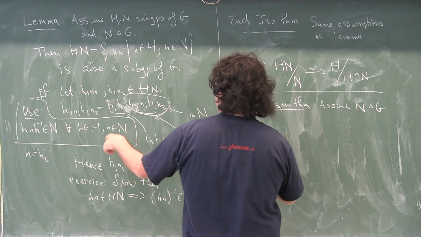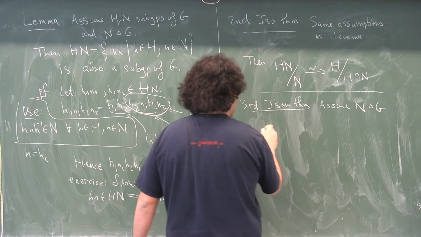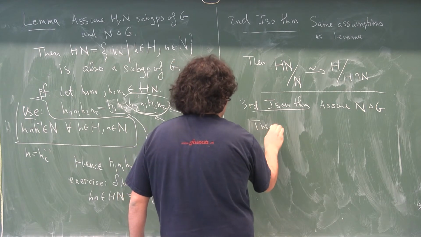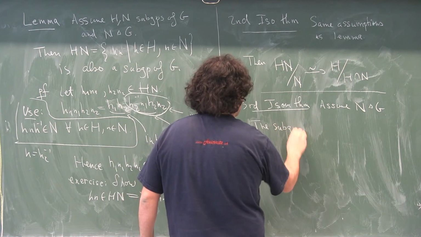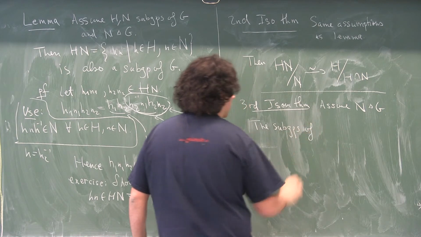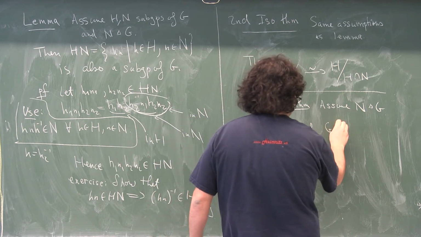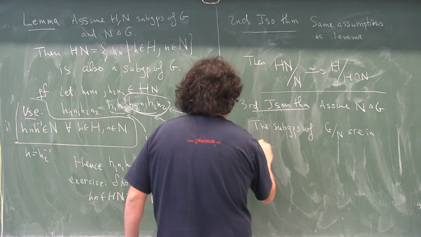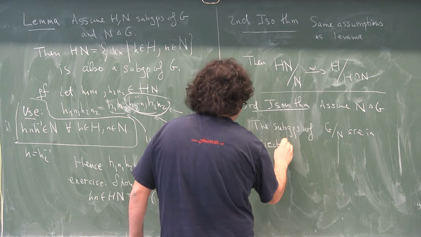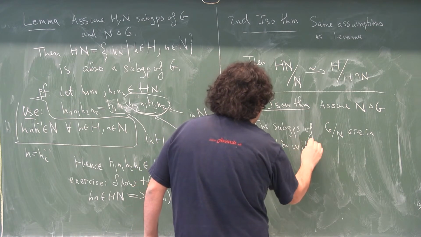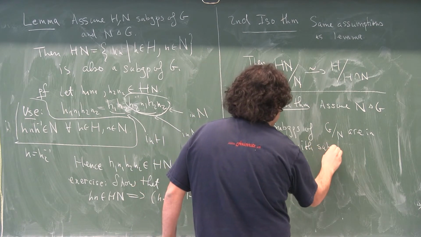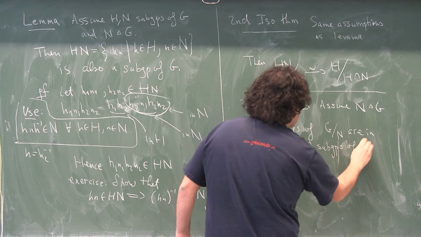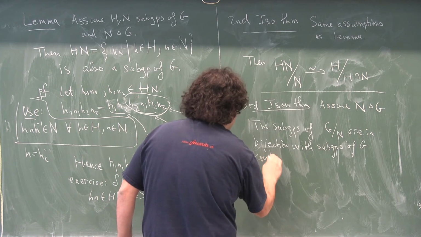Sometimes this is stated as part of the first isomorphism theorem. Then the subgroups of G mod N are in bijection with subgroups of G containing N.